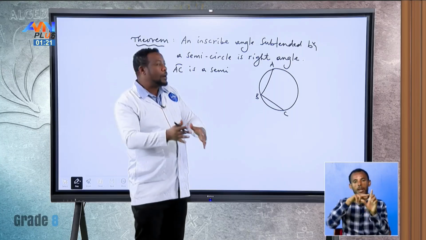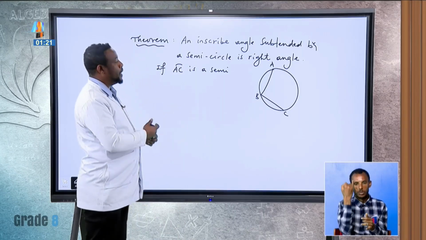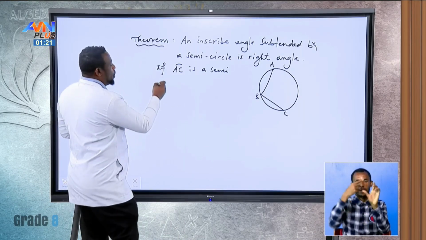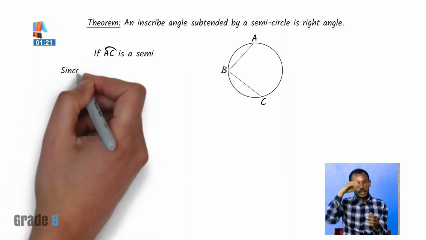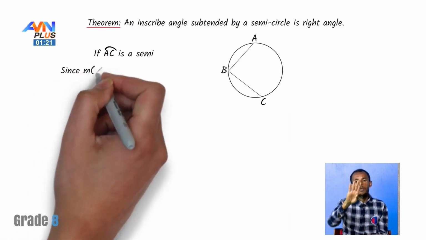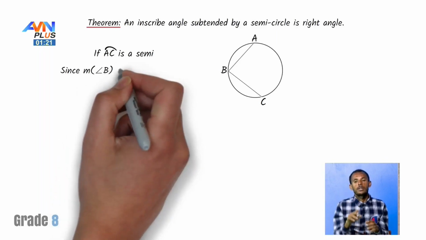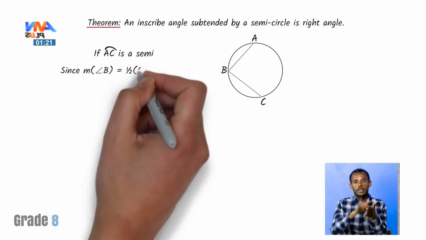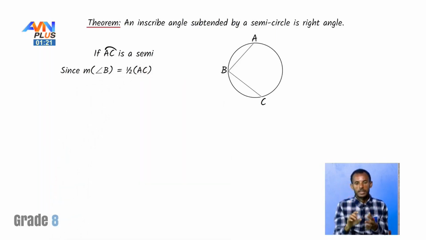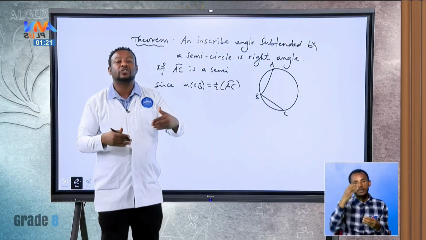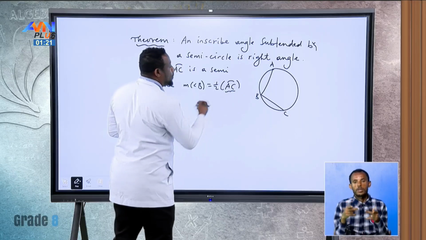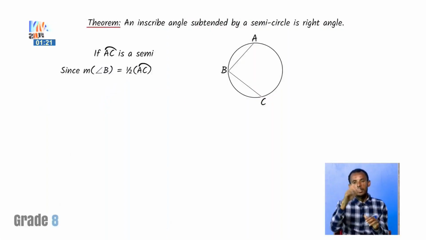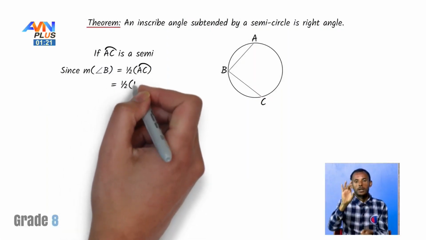How you can apply the concept of inscribed angle. Since the degree measure of angle B is half of the arc subtending it, that is arc AC, and since arc AC is a semicircle, the degree measure of a semicircle is 180 degrees. So in place of the measure of arc AC, you can substitute 180 degrees, right?